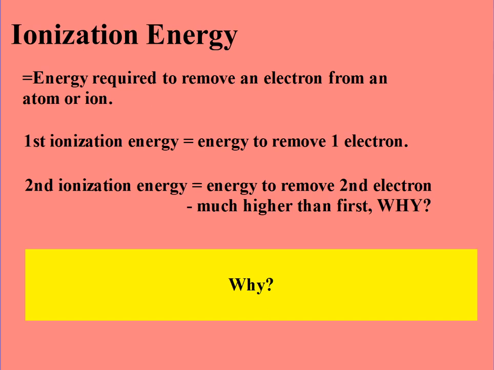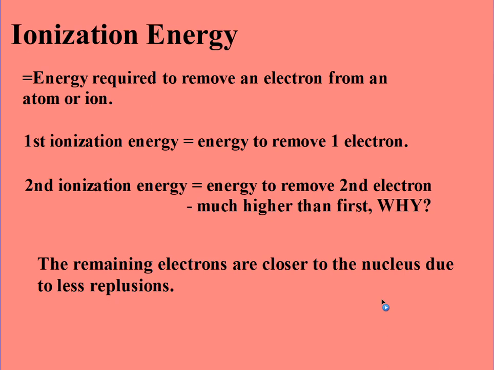Ionization energy is the energy required to remove an electron from an atom or an ion. First ionization energy is the energy to remove one electron, while the second ionization energy is the energy to remove a second electron, which is always much higher than the first, because the remaining electrons are going to be closer to the nucleus due to less repulsions.